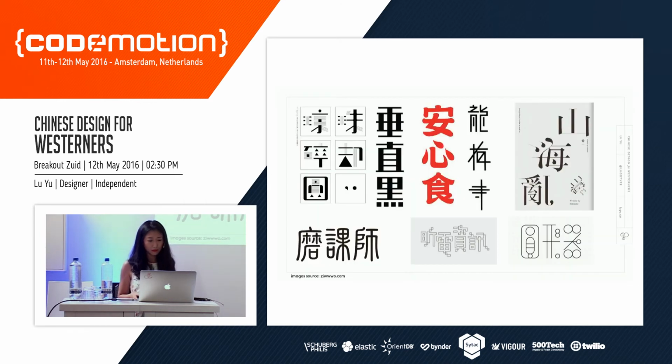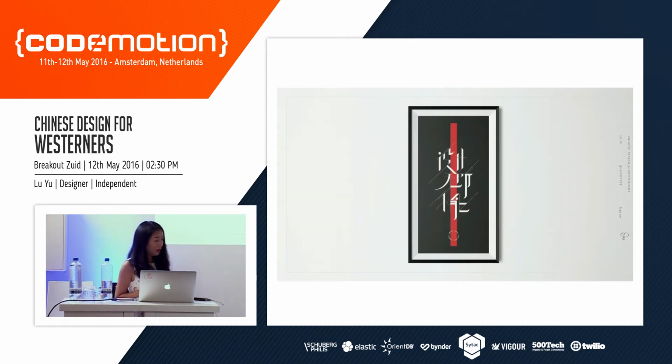But that doesn't mean we don't have Chinese fonts. In fact, many of the Chinese fonts are beautiful, and it's huge fun to play with typography too. This is one of the works I did a while ago in collaboration with Tobias van Schneider, and we designed this very abstract work with Chinese characters.